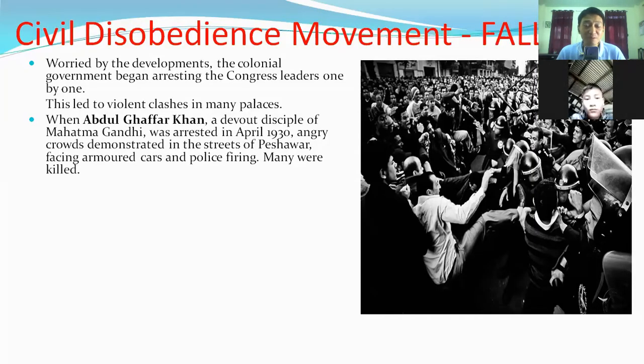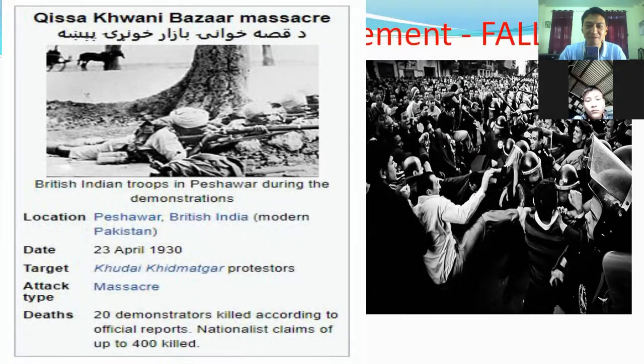When he was arrested, his followers demonstrated in Peshawar and they were not afraid of even the police firing and the armored cars, and many were killed. Now, this is also an unfortunate result of that civil disobedience movement, but it shows you the extent of support Gandhi had and the extent of support for the civil disobedience movement.